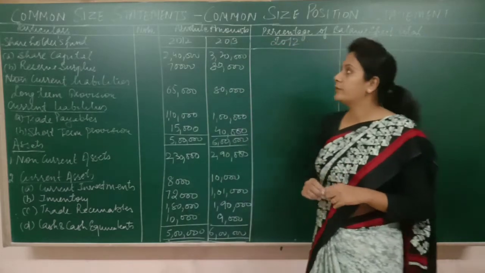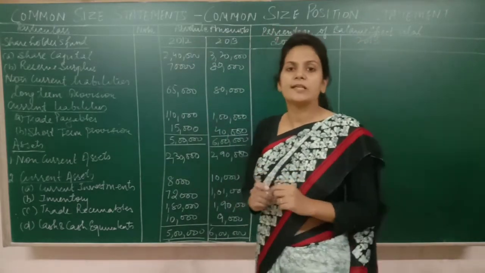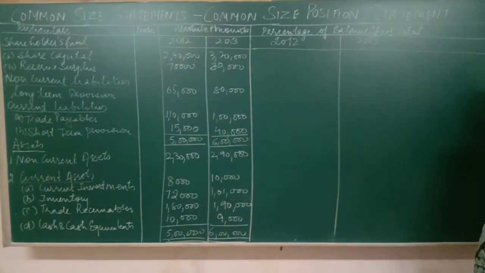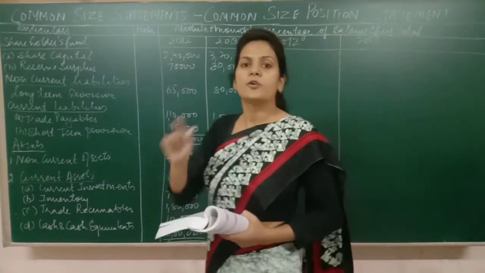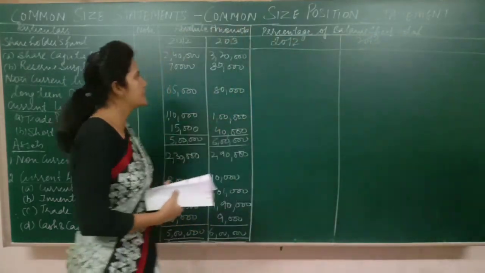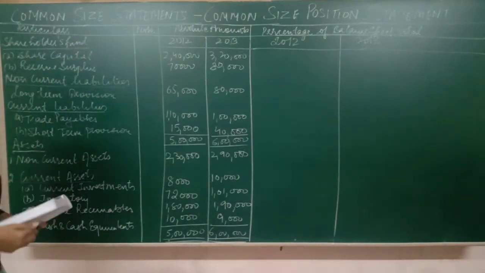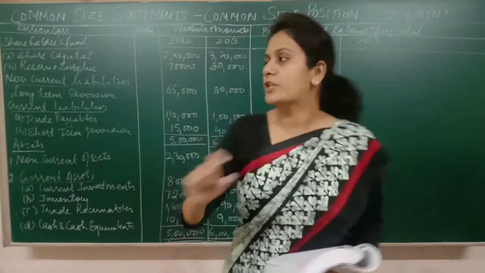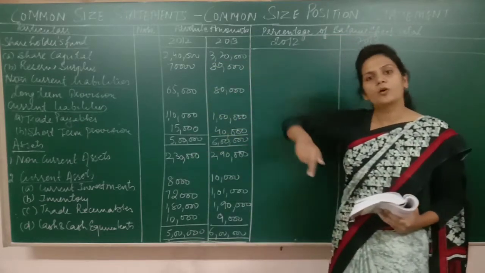But before that, let me make you understand the meaning of the term common size statements. Basically, it is a type of statement in which the individual figures are converted into percentages to some common base. It means that I have to take some common base out of all the items given to me, and then convert the value of each item individually in terms of percentage, but to a common base.